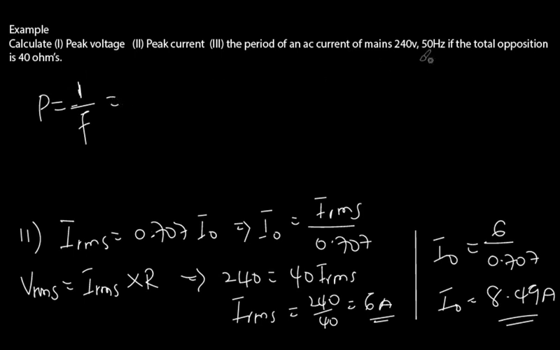We're given the frequency to be 50 hertz in this example, so we have 1 over 50, which gives us 0.02 seconds. So this is how we solve questions based on the root mean square current and the root mean square voltage.